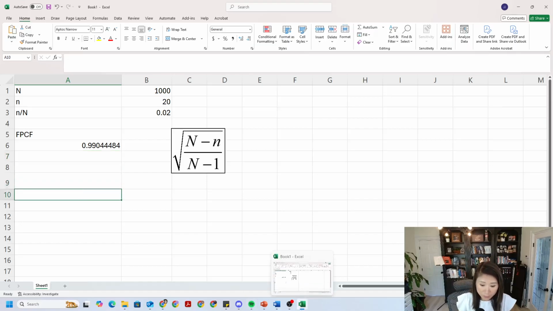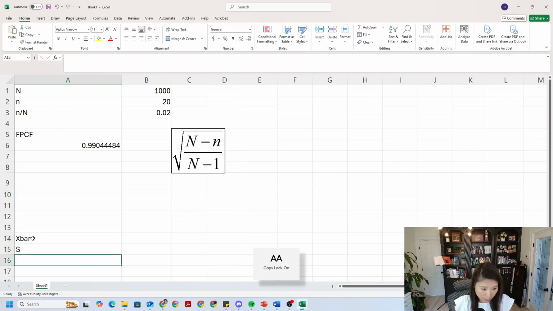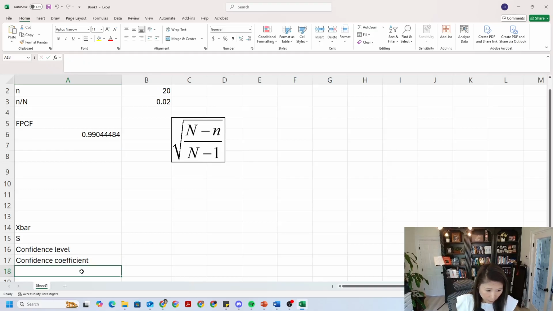Let me start from here. First, we need to calculate the mean, X bar. We need to calculate S. And then we need the confidence level and the confidence coefficient. And then we need the t stats.